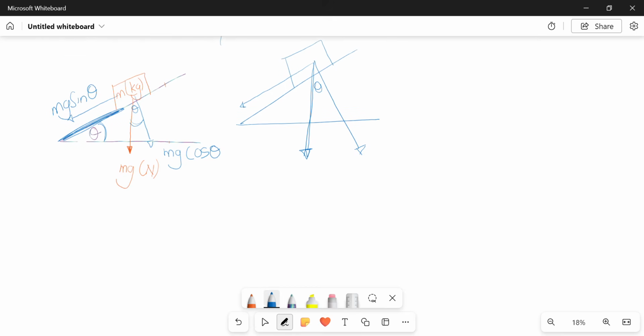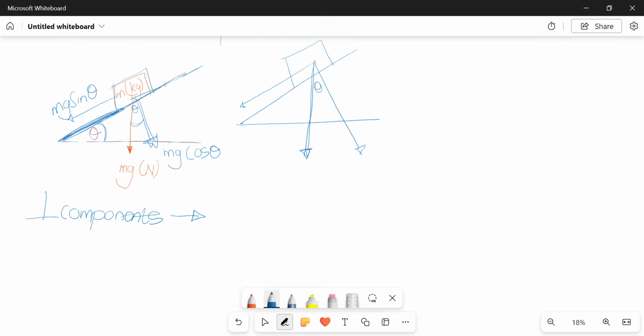When you are considering your perpendicular components, perpendicular means perpendicular to this body and its surface. Perpendicular is whatever is acting at 90 degrees to that surface or line.